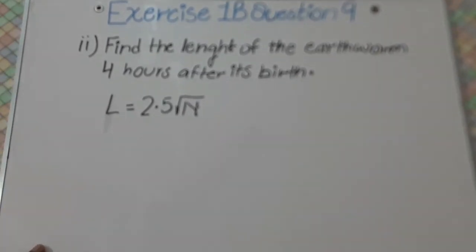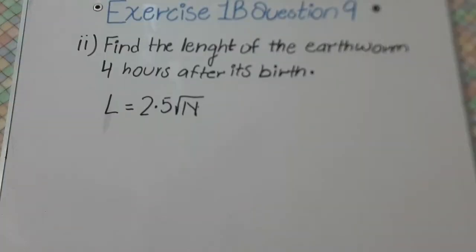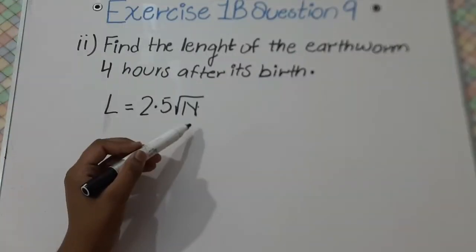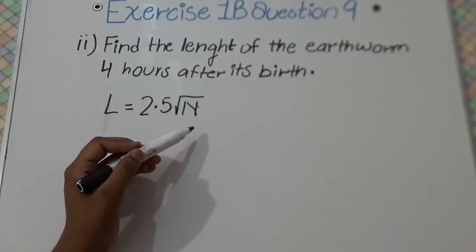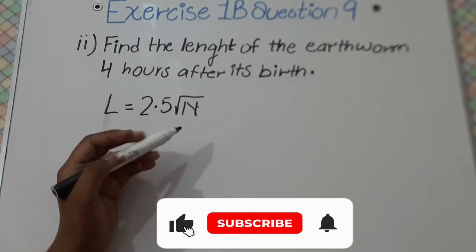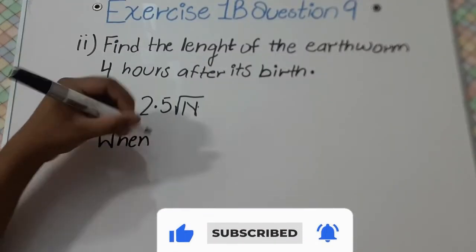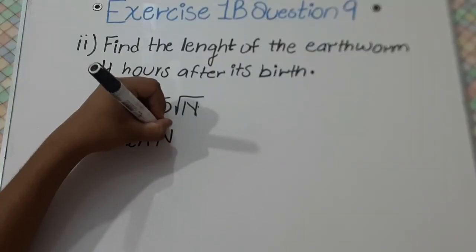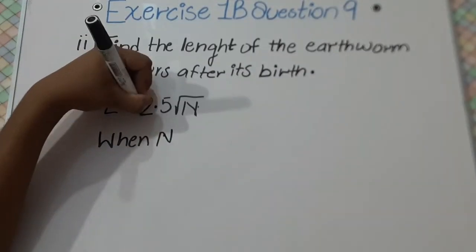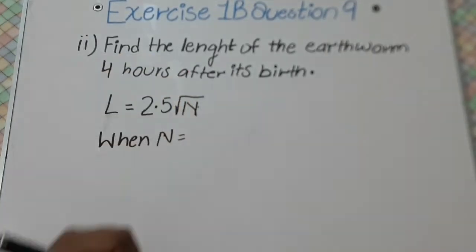Now they are saying 4 hours, so 4 hours is the value of n, because they have asked the hours in n. So we are going to write when n equals 4.